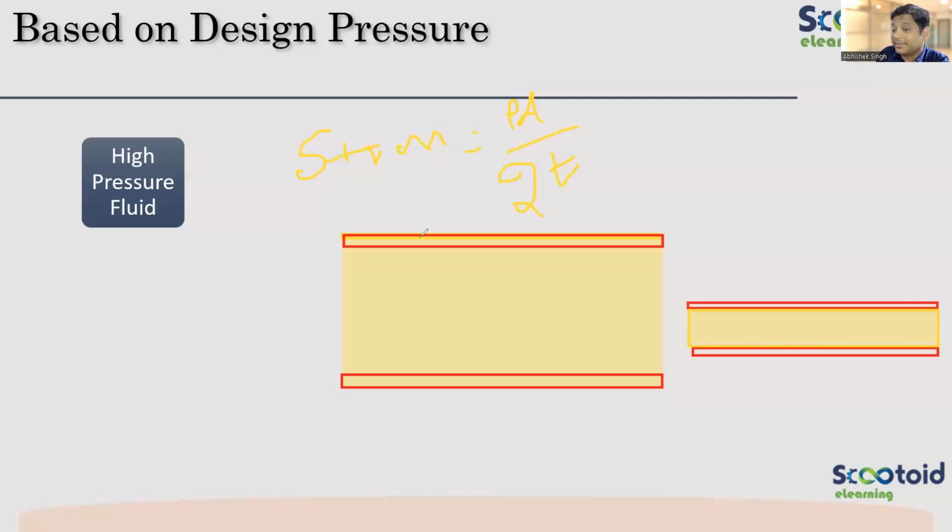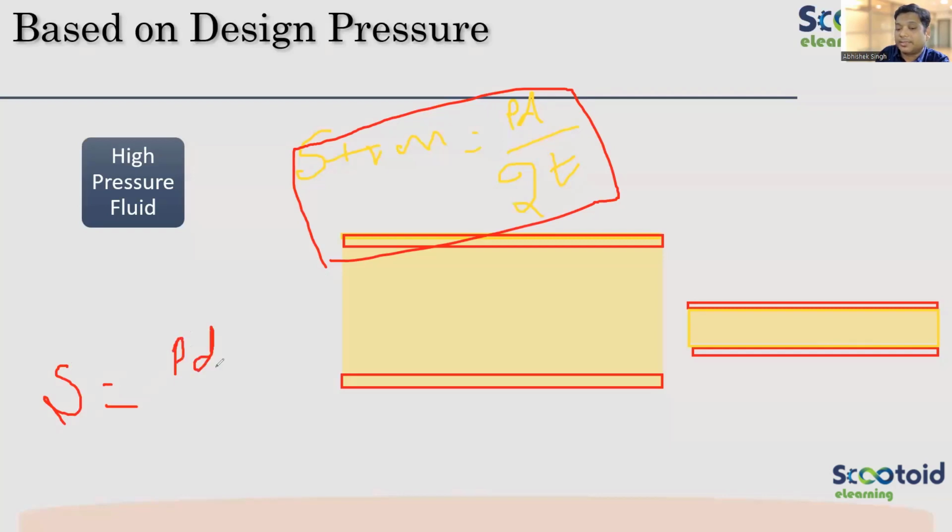So circumferential stress is more, and the calculation is based on this. Stress is equal to PD by 2T. By just seeing the equation, can you tell me, if the pressure is high, then the thickness will be higher?